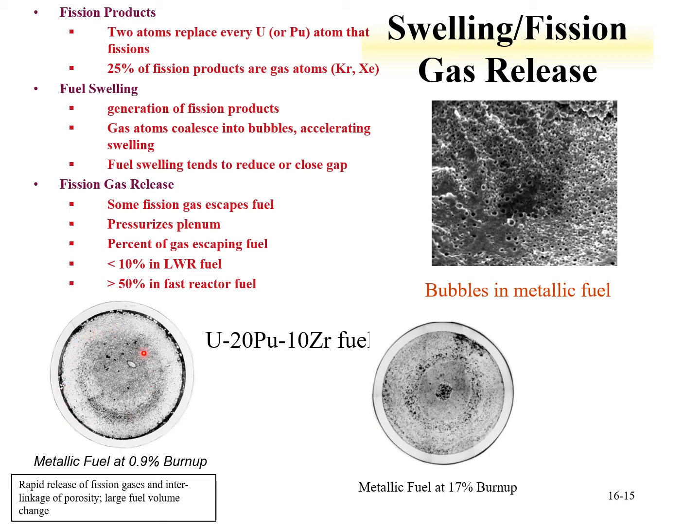At 0.9% burnup, you see that there's this gap between the fuel and the cladding, whereas at 17% burnup, so 17% of the uranium and plutonium has fissioned, the fuel is now pressing against the cladding material. And then you can see a micrograph of the fission bubbles in the metallic fuel.